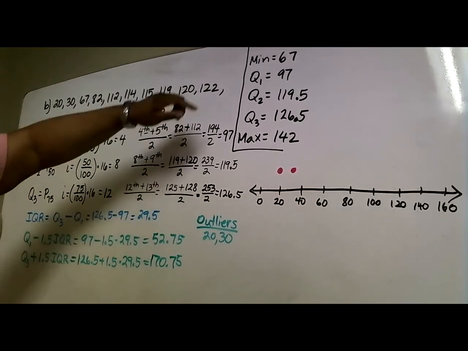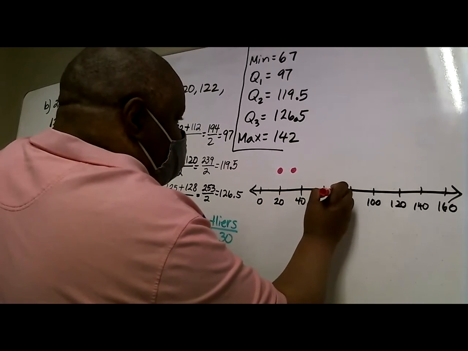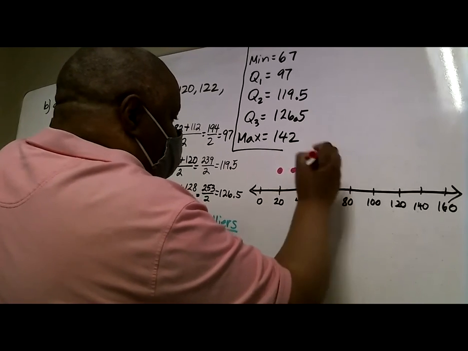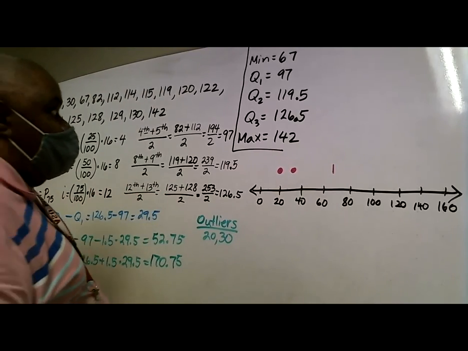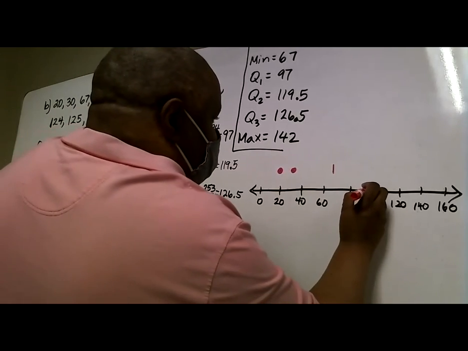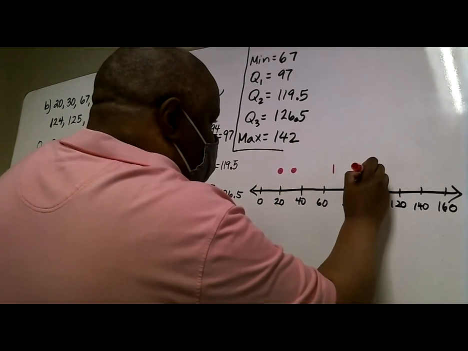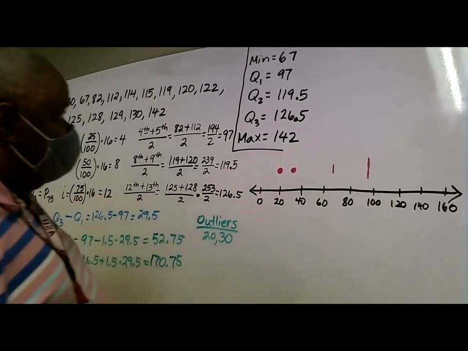The minimum is 67. So 67 would be about right here. That's gonna be a small vertical line there. And then 97 is Q1, close to 100. That's gonna be the longer vertical line that starts the box.